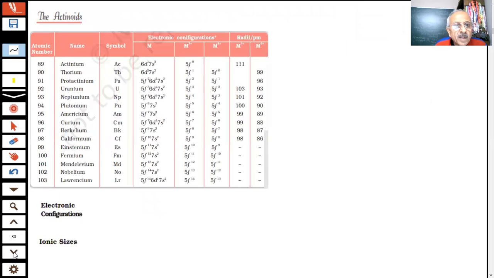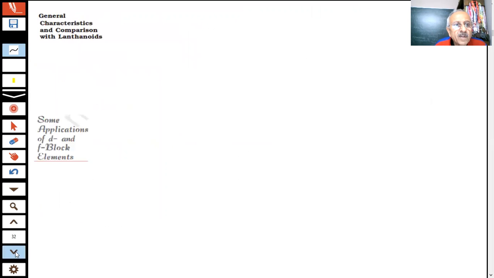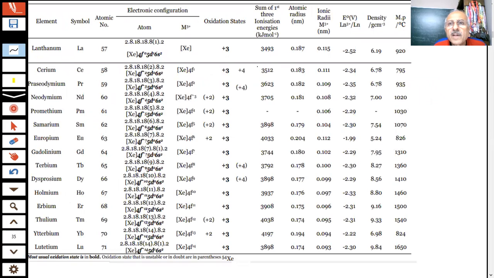Ionic radii in nanometer: lanthanum, this is 0.115. It is going up to 0.093 nanometer. There is a very slight decrease. This is not a very big decrease.